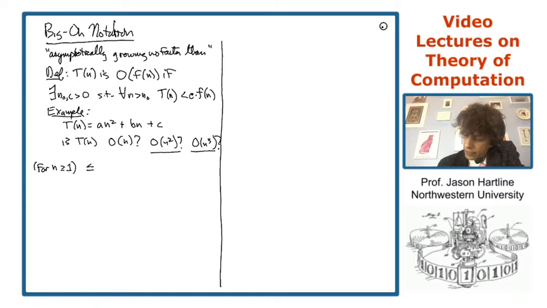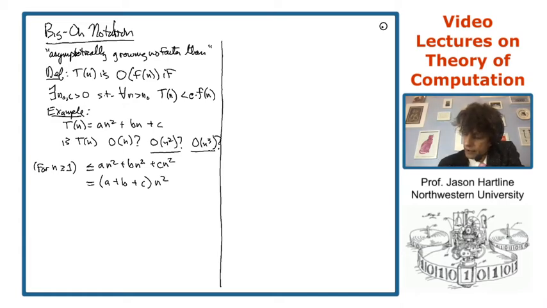We know that this is less than a n squared plus b n squared plus c n squared, right? And now we can factor a plus b plus c times n squared.